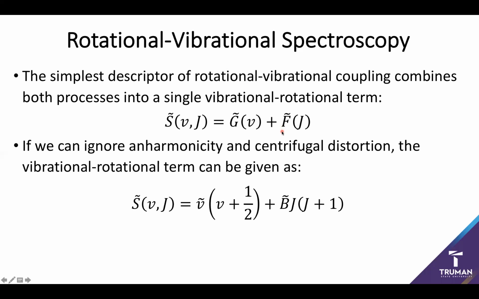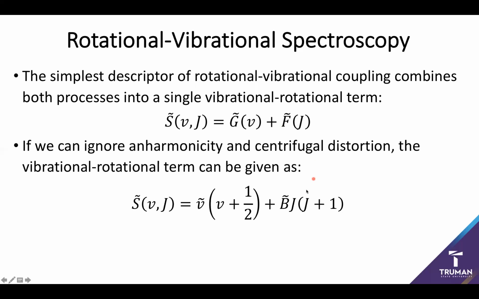So we're going to start by ignoring any sort of complicating factors. For the vibrational term, we're going to ignore any anharmonicity, and we're just going to use the energy equation from the harmonic oscillator. This is given as the vibrational constant times the vibrational level plus 1/2. And then for the rotational term, we're going to ignore any centrifugal distortion.